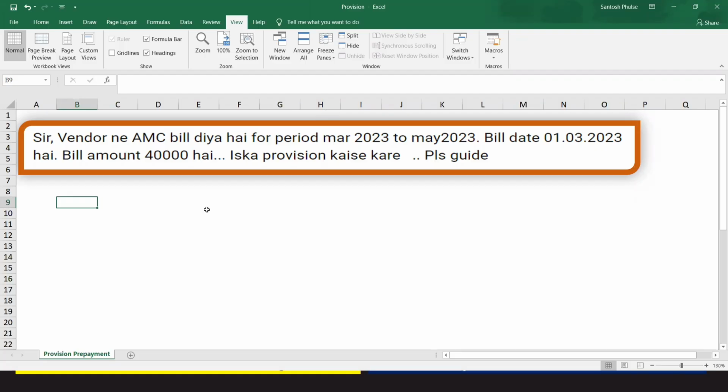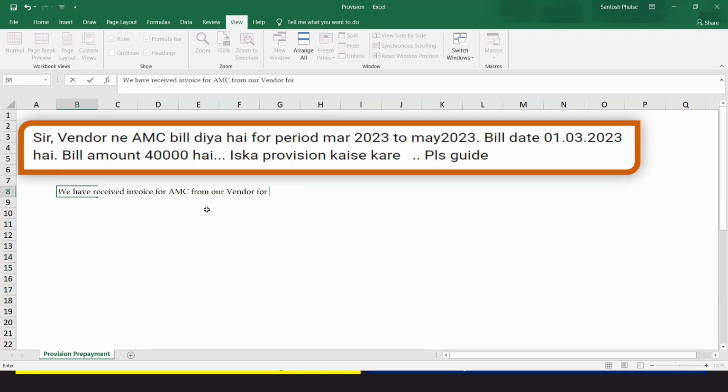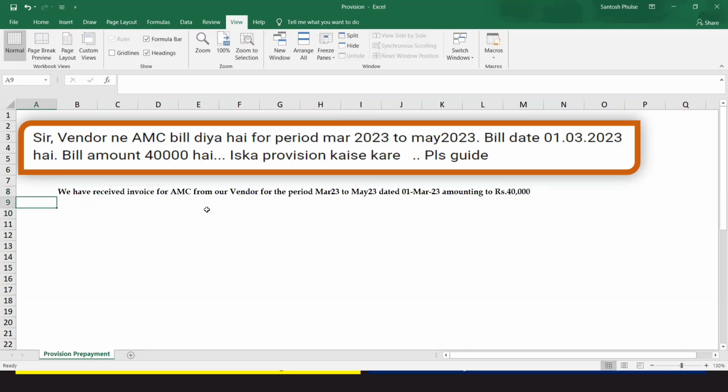So we have received an invoice for AMC from our vendor for the period March 23 to May 23, dated 1st March 23 and amounting to rupees 40,000. So how is it going to work?